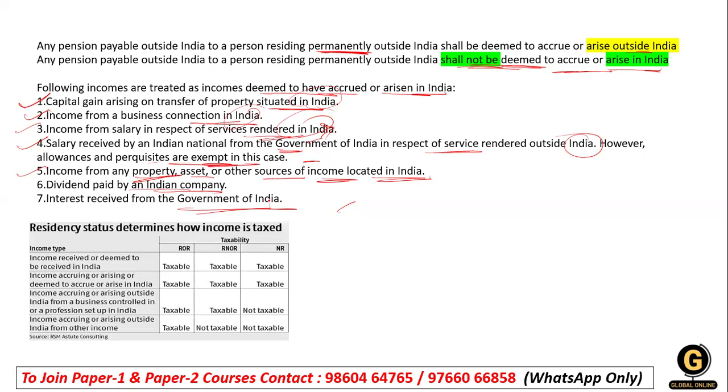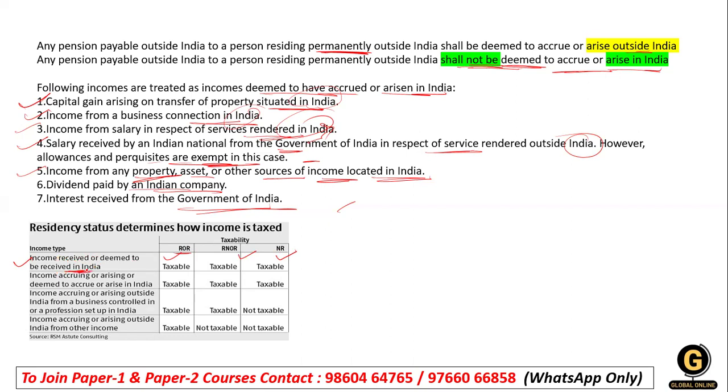Now let's understand the residential status, that is, how the income is taxed. If the income is received or deemed to be received in India, then ROR (resident and ordinarily resident) is taxable, NOR (not ordinarily resident) is also taxable, and the NRI (non-resident) is also taxable, because the income is received or deemed to be received in India.